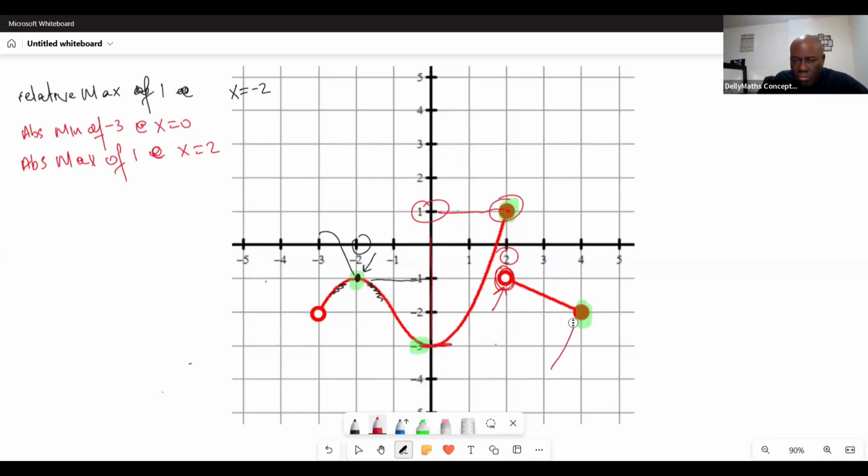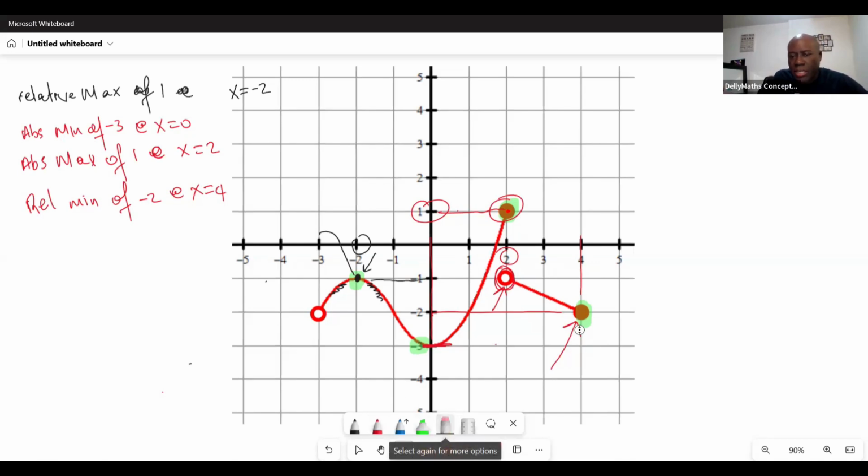But here, if we're including the endpoints based on the domain that we have, then this is going to be a relative minimum of -2. So it's a relative min of -2, and it occurs at x equal to 4. The reason why it's included is that I am including these endpoints for the domain that I'm working with.